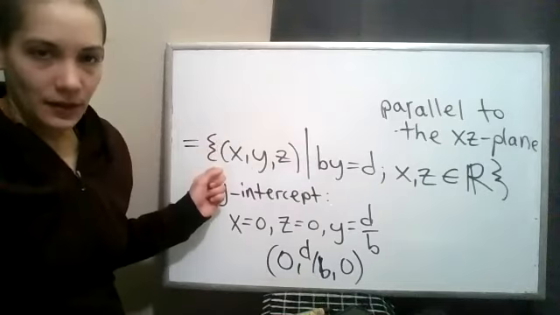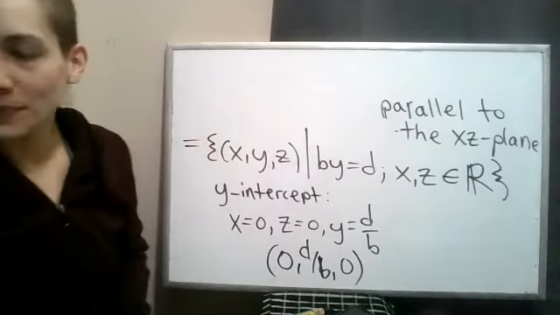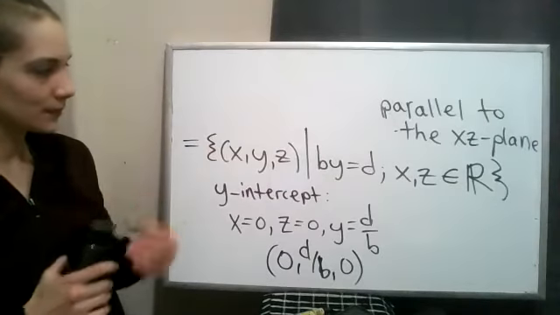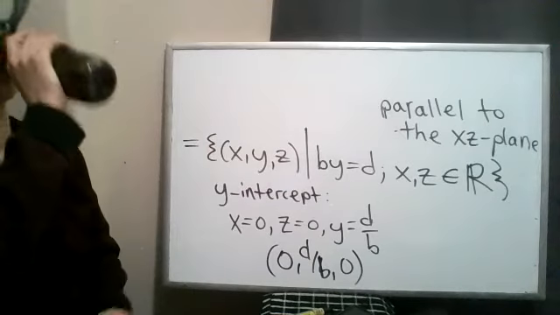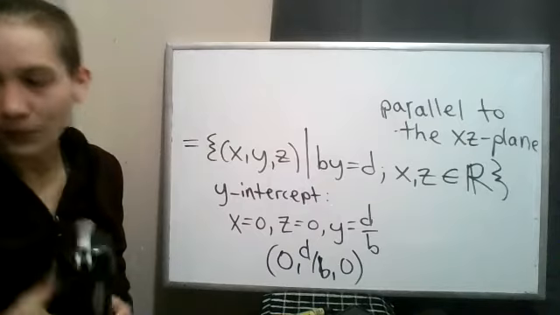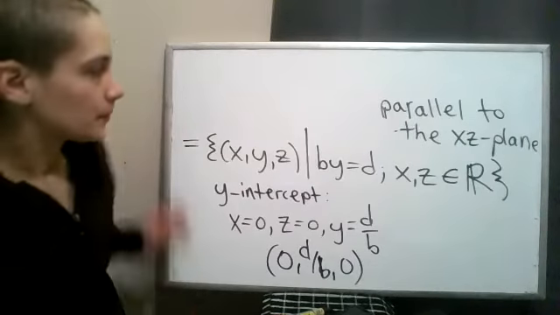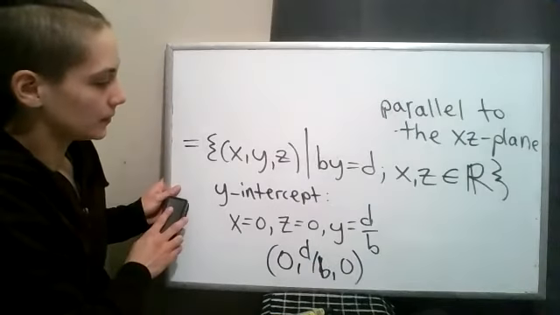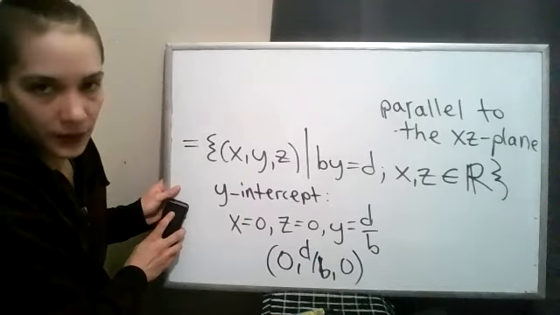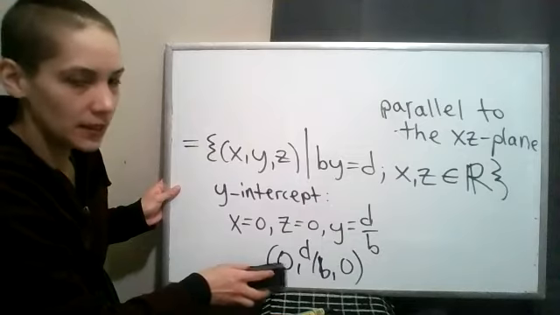Okay, just let this sit here for a second so that way you can make space to draw a good picture. Okay, I think we're ready. So again, the intercept is 0, d over b, 0.